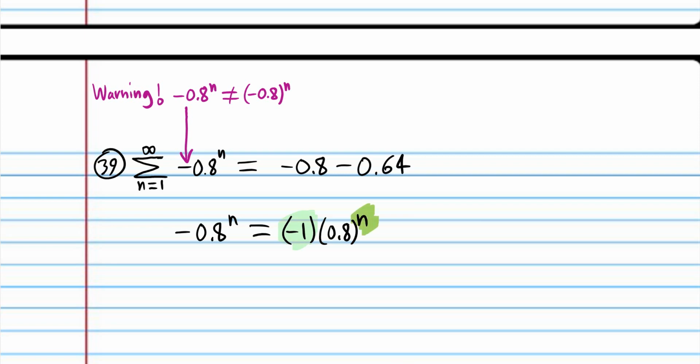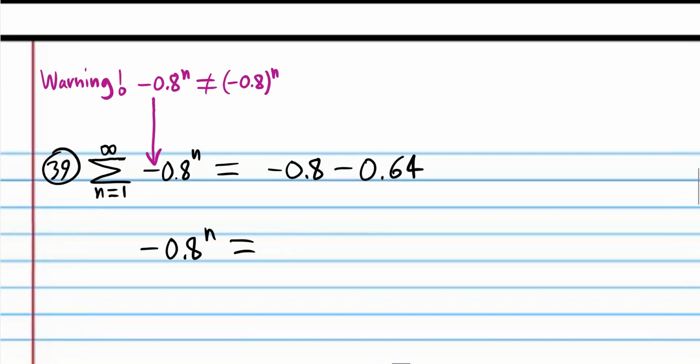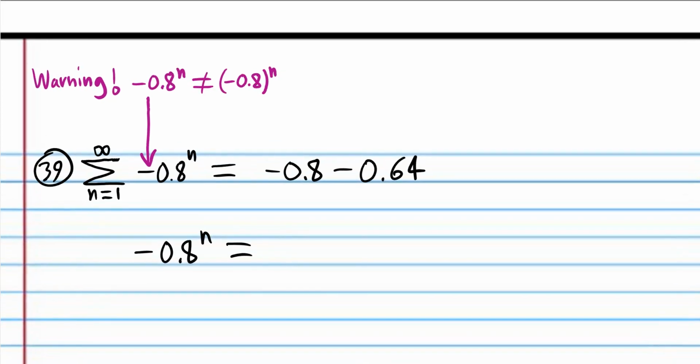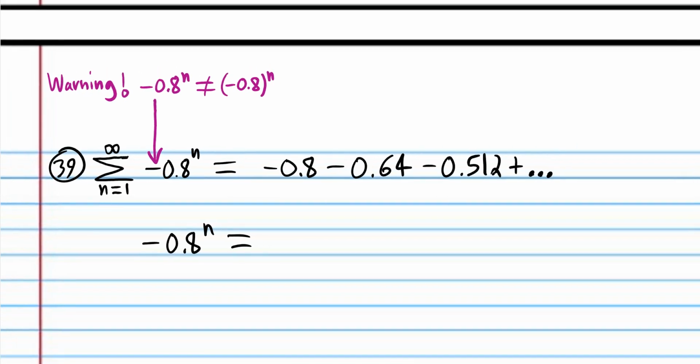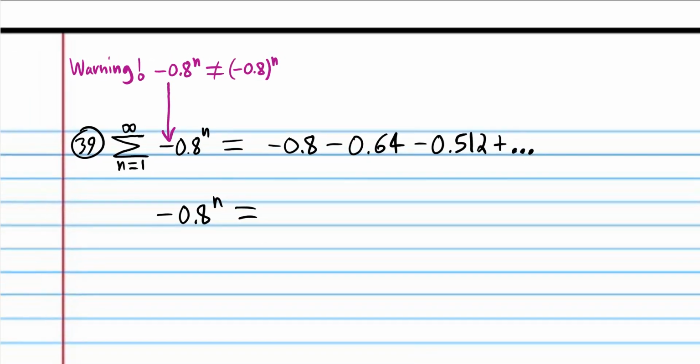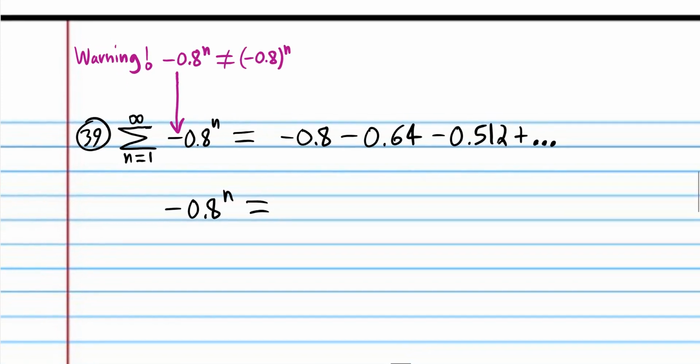The n is not raising the -1 to that power. So just be aware that all the terms are going to be negative. And the next term is going to be 0.512, and it's kind of hard to see using the terms, but we can tell that this has to be a geometric sequence because you're just multiplying by 0.8 each time.